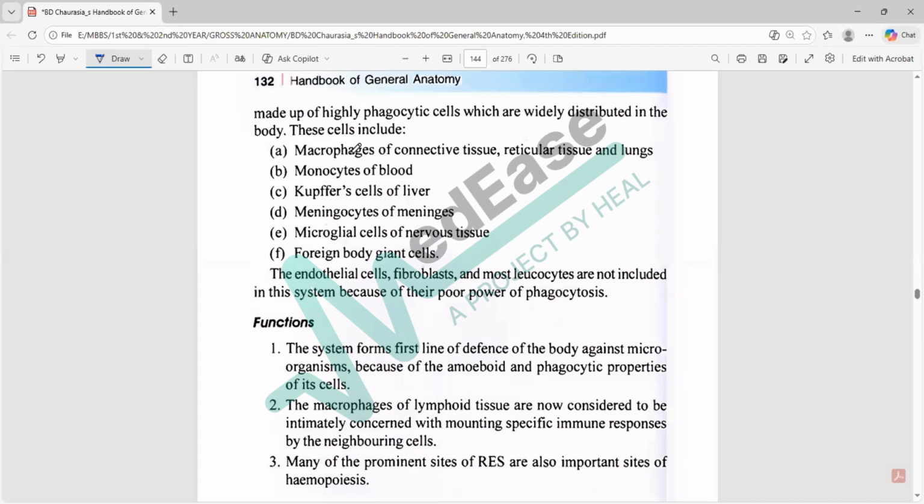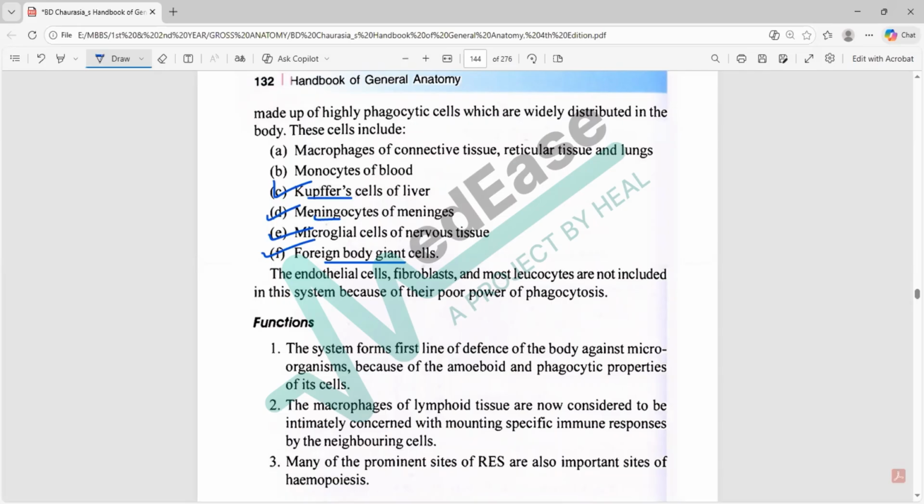We have the macrophages of the connective tissues, the monocytes present in the blood, and the liver macrophages, named the Kupffer cells. For the meninges, we have the meningiocytes; for the central nervous system, we have the microglia. For foreign bodies, we have the giant cells, which are produced by the union of different macrophages to form a single large cell, called a giant cell.